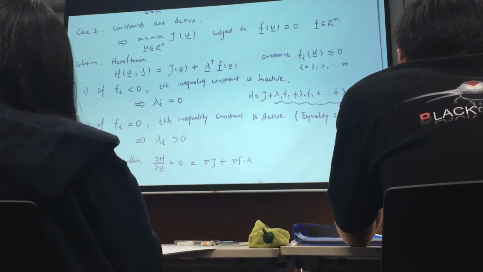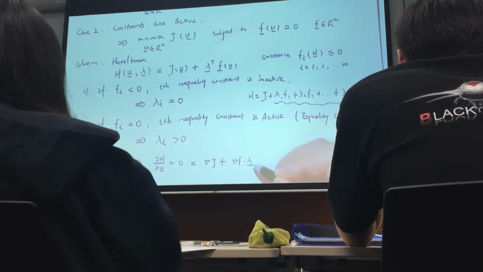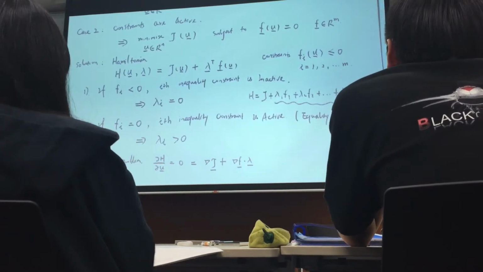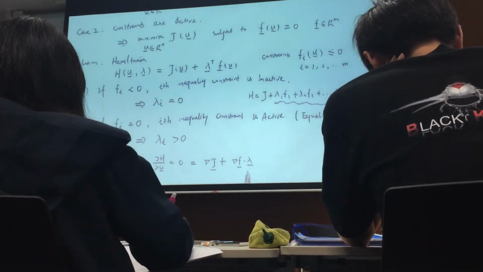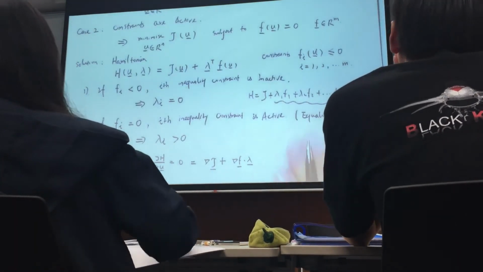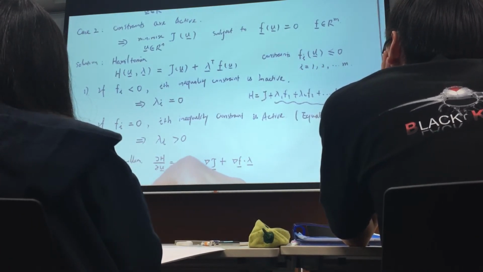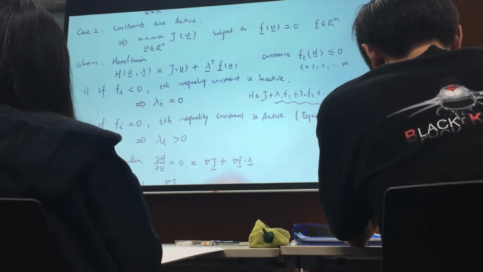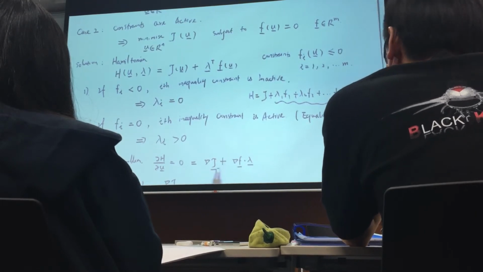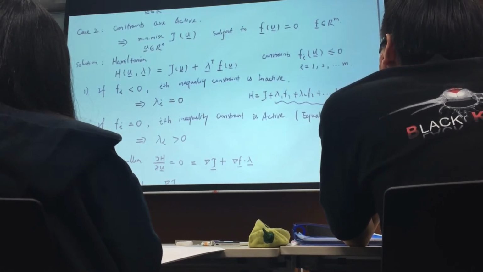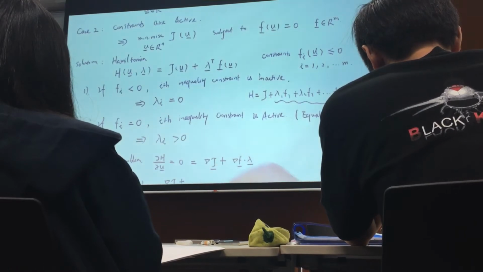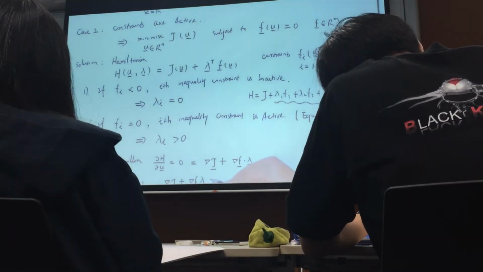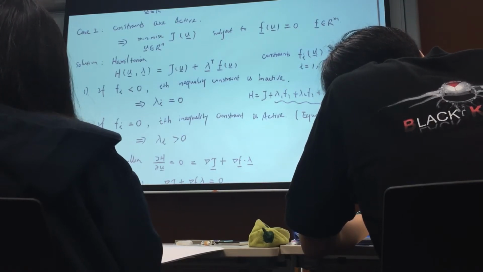In general, these are vectors, so all these vectors need to be zero. In a one-dimensional problem we have this, and for any dimension, we have the gradient of J plus the gradient of F multiplied by lambda equal to 0.